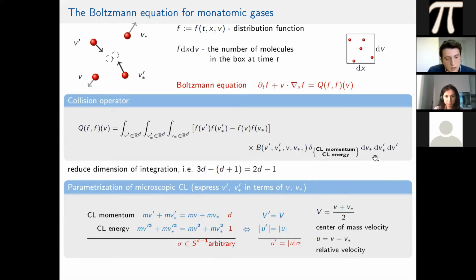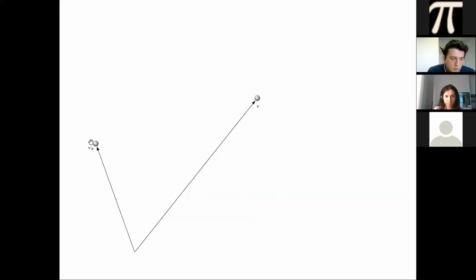So here we have integration over 3D if d is the dimension of velocity, and then obviously we have d plus 1 equations, so we also need some parameters, and here comes sigma that comes from the unit sphere. How it works: you choose some velocity, and then you find the center of mass and relative velocity, and we know that these will not change after collision.